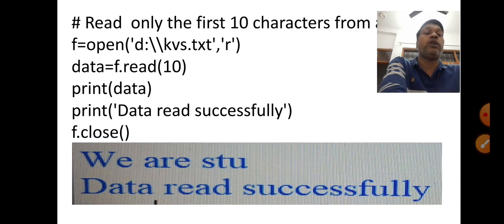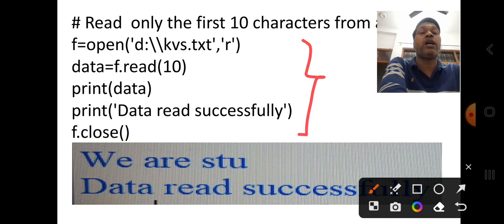When you want to read only specific characters from your text file, you may use the same program and pass only 10 as the number of characters. The open function accepts two arguments, file name and file mode.